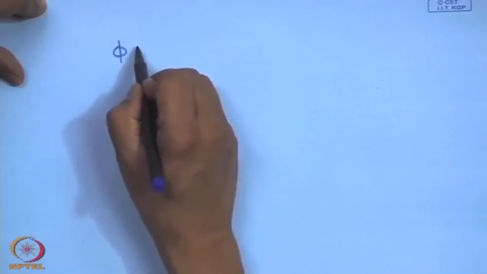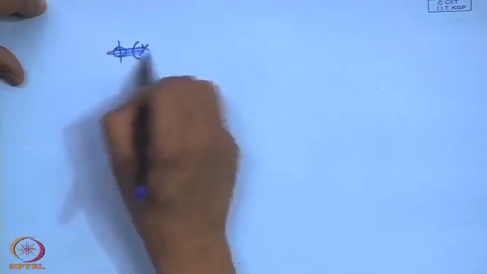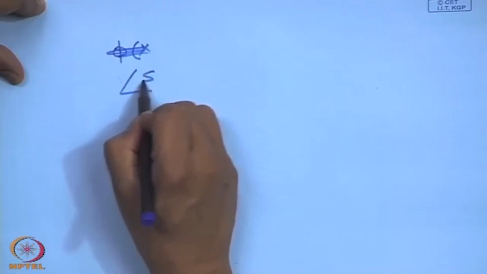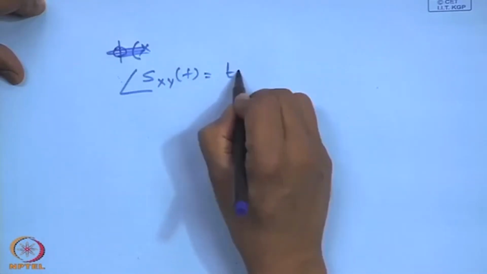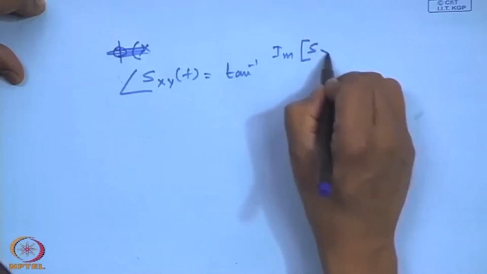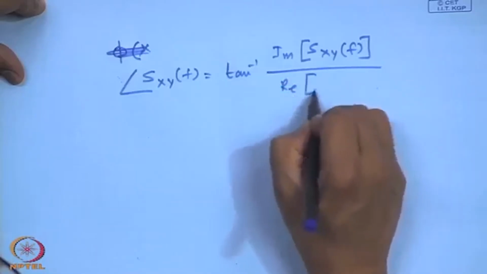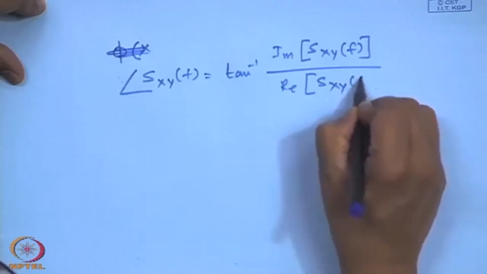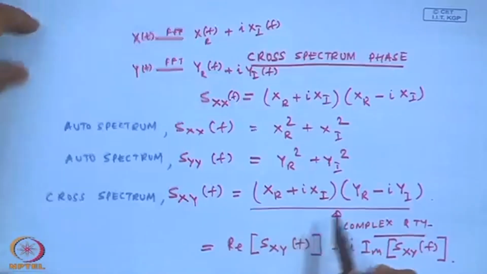So, the phase between signals x and y, phi of the cross spectrum Sxy(f), is nothing but tan inverse of the imaginary part of Sxy(f) by the real part of Sxy(f). And from this equation, if you multiply them, you can find out the real and imaginary.